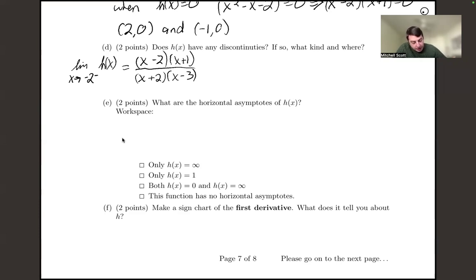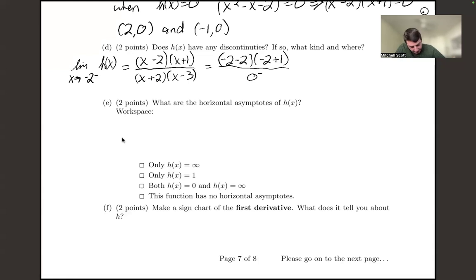Okay. So then this is going to get very, very close to 0. All right, so then we have minus 2 times minus 2 plus 1 over something that is very, very close to 0. And because it's coming from the left, it's going to be slightly negative, right?